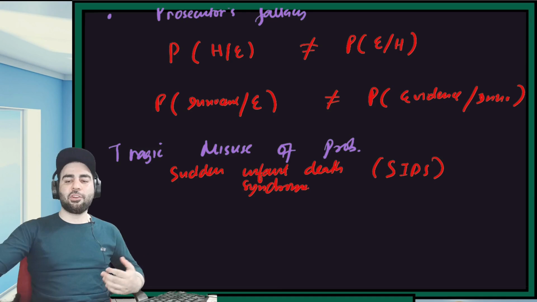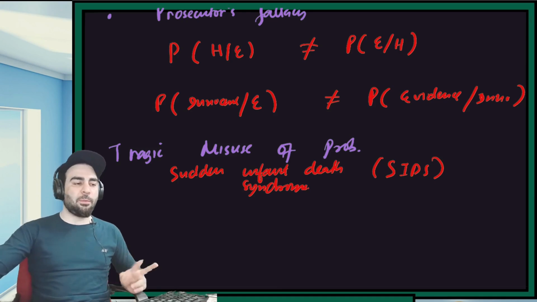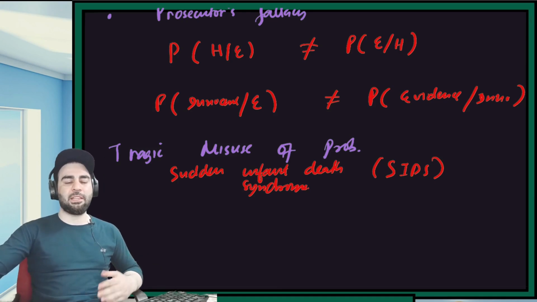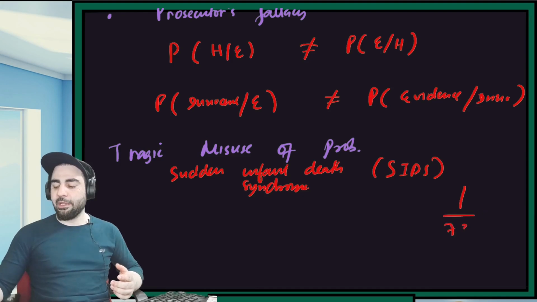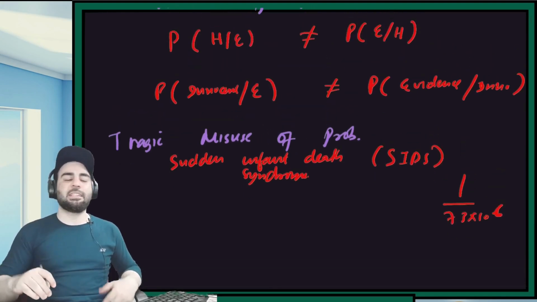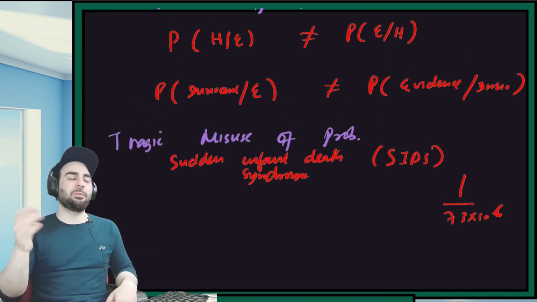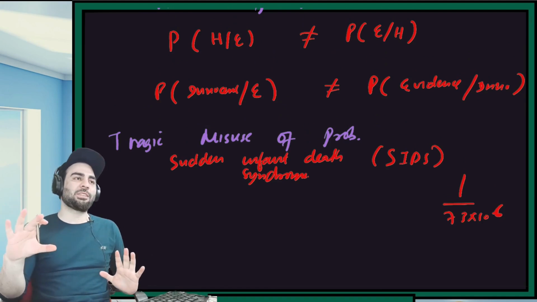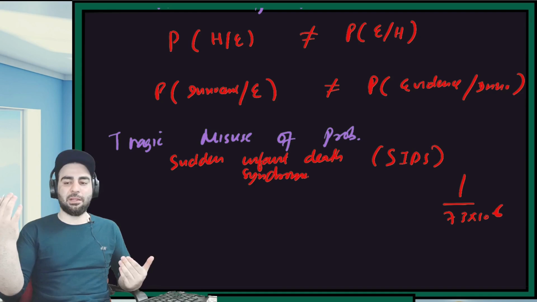The prosecution argued that the probability of two of these deaths happening is 1 in 73 million, and he used this as evidence of murder. So Sally Clark was convicted of murder and she was jailed for this.